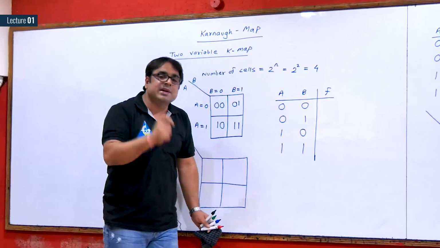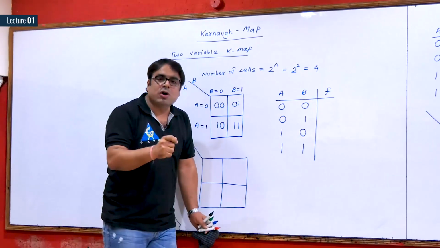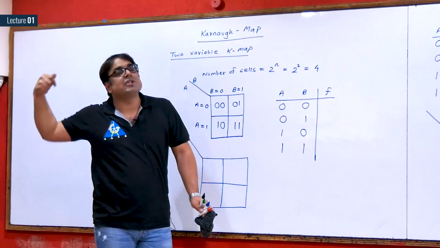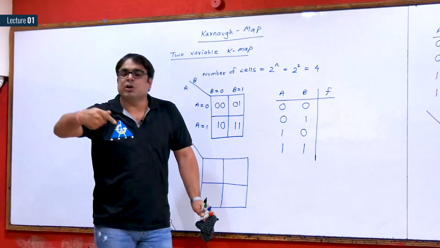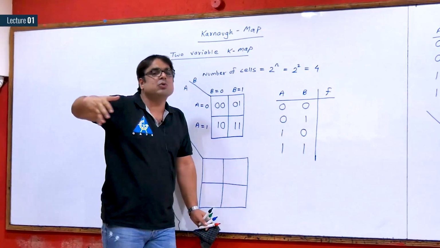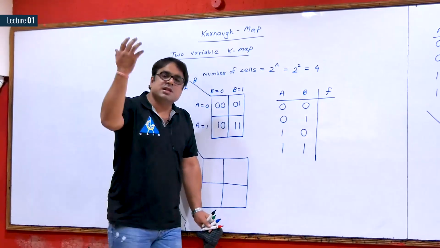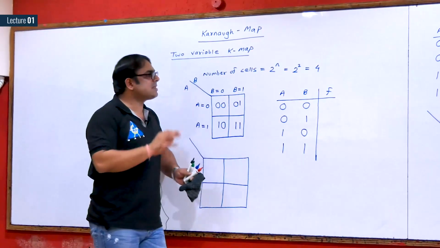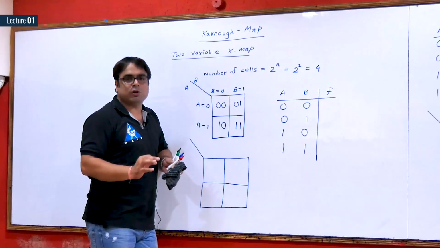And this is very important, because K-map will be used for minimization till the end of sequential circuits also. We have not yet started combinational circuits. In combinational circuits also it will be used vastly. In sequential circuits also it has vast use. So this is a very important topic.